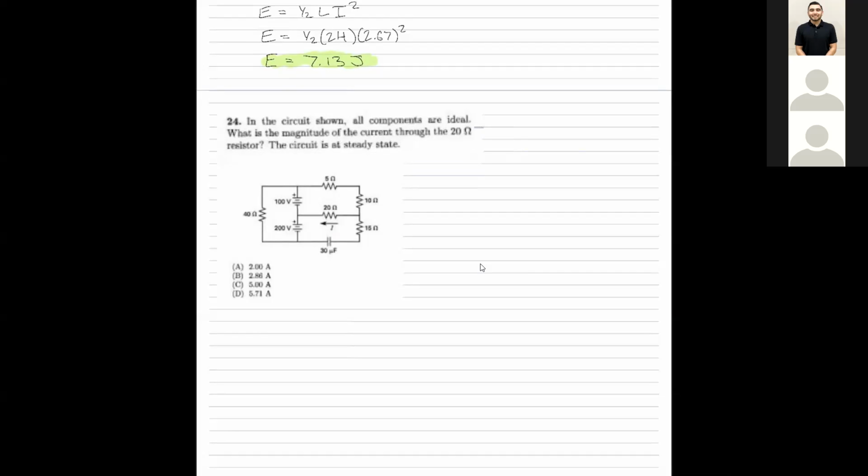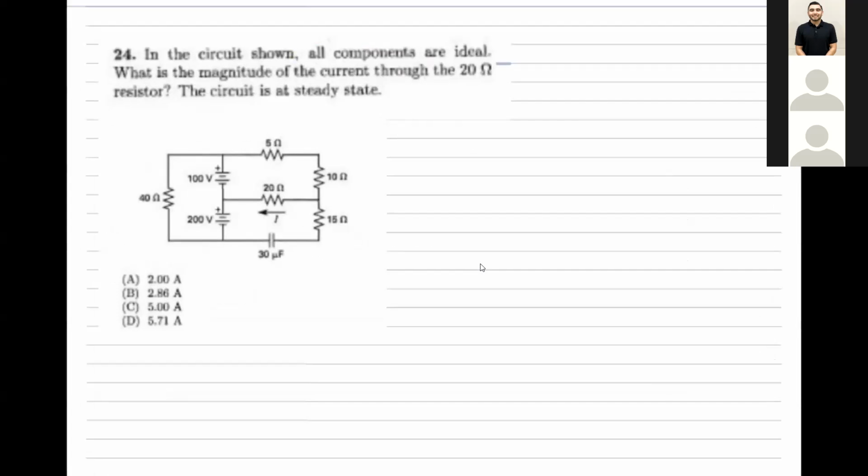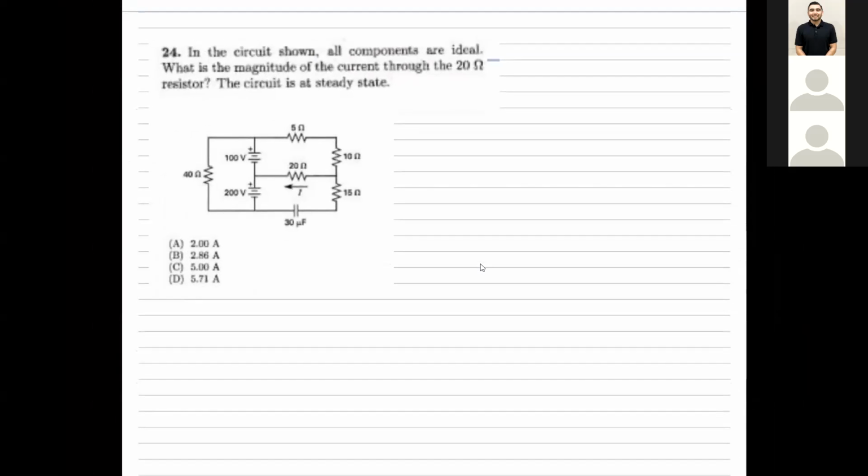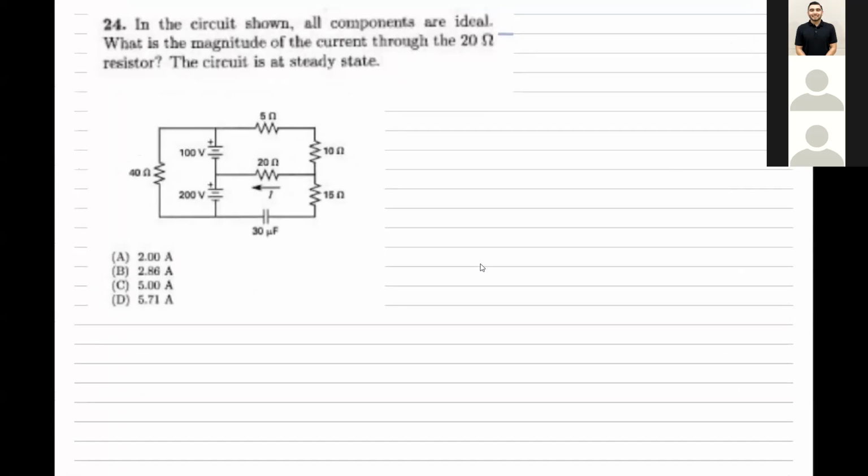Whoops, okay. All right. Another steady state circuit. So all components are ideal. What is the magnitude of the current in the 20 ohm resistor? Okay, so the 20 ohm resistor, it's stated where it is.